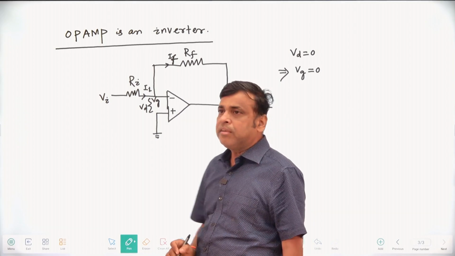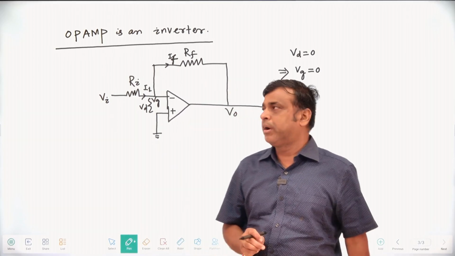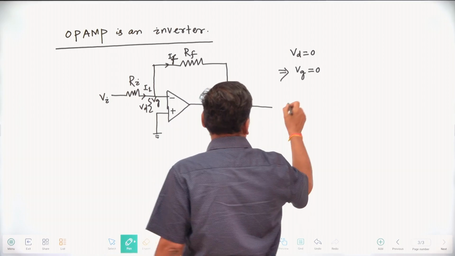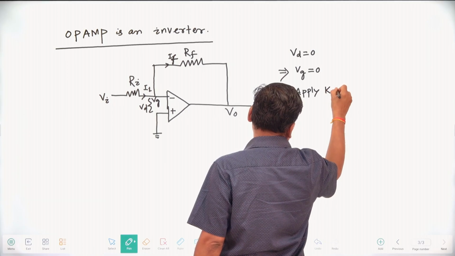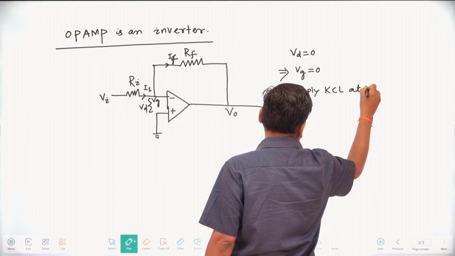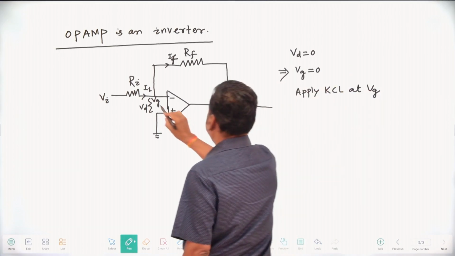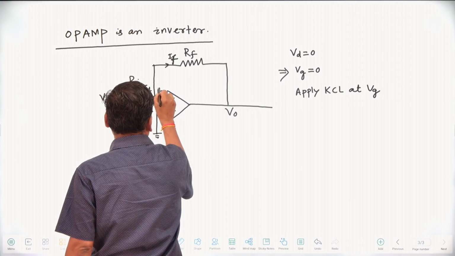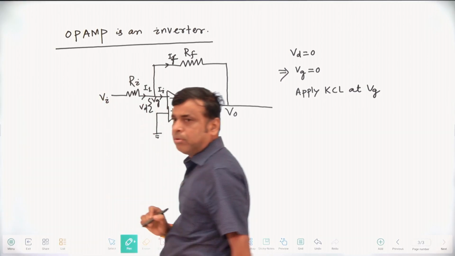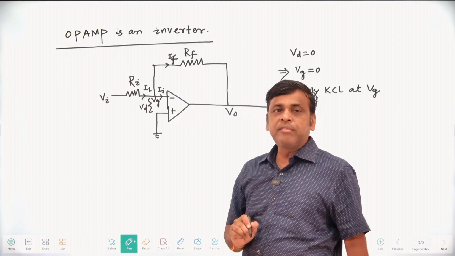Then you must apply Kirchhoff's current law at this point, Vg. Let this be your I1, and Ii must be equal to 0. Why is Ii 0? Because the input impedance is infinite.